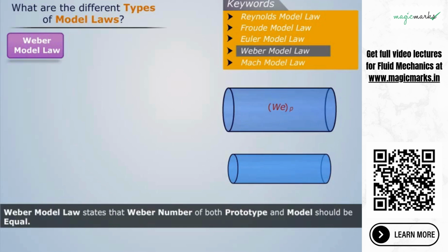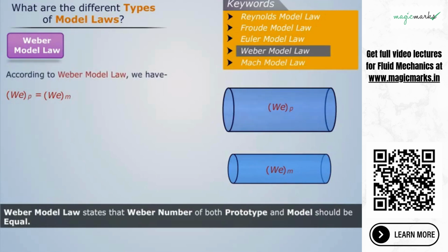And WEM be the Weber number of this model. Now according to Weber model law, Weber number of both the prototype and model should be equal.